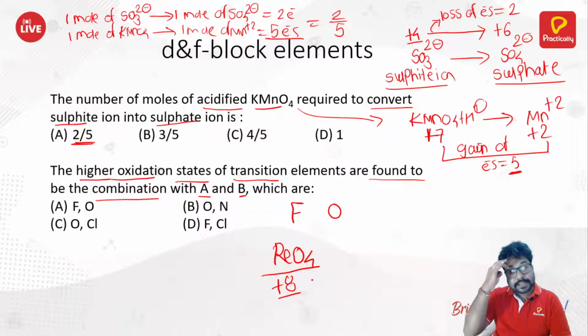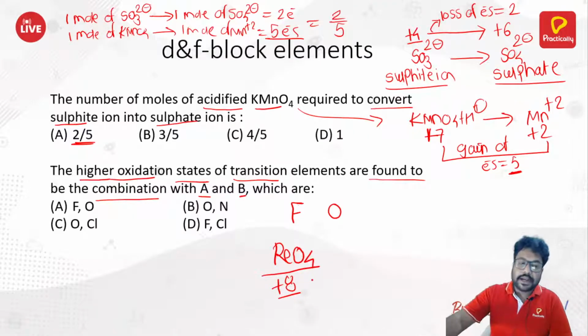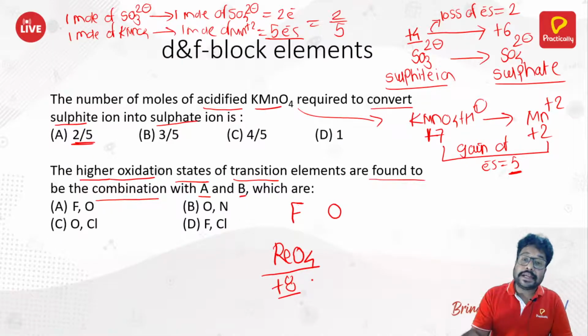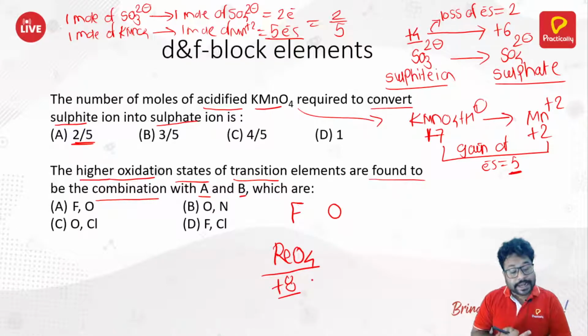As far as fluorine is concerned, its valency is 1 only, so fluorine can impart an oxidation state of -1 only. So when fluorine wants to impart an oxidation state of +8 to rhenium or any other element, it needs to form 8 bonds with that metal. And whenever you form 8 bonds, there is a lot of steric hindrance, and because of that steric hindrance, the compound becomes unstable.